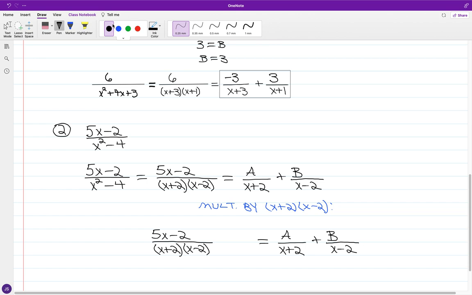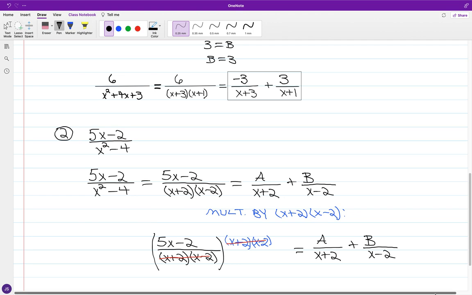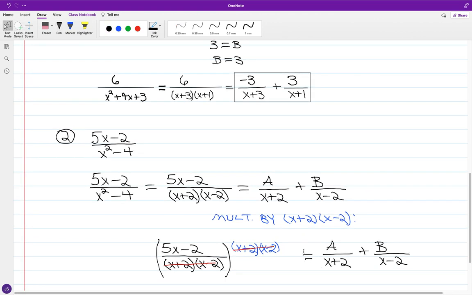First of all, we have the elimination of the denominators. Let's multiply by both x plus 2 and x minus 2. So I have x plus 2 and x minus 2 to go out. And for what we have on the right hand side, you're going to eliminate one part and multiply by the other.